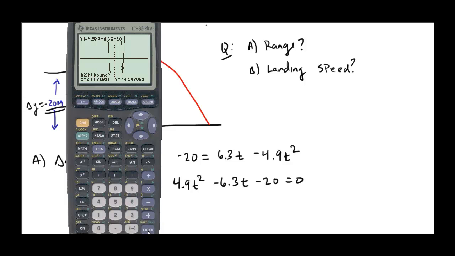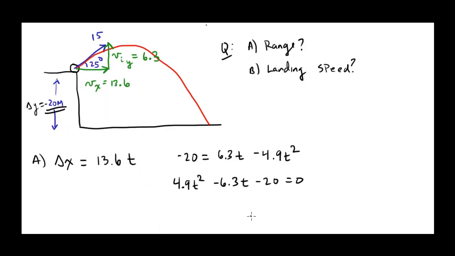I hit enter. Now it wants the right bound. I want to move just right of the 0 point. There we go. Enter. Hit enter one more time. And here it is. Here's my 0 that I want. It's 2.76 seconds. So I say t equals 2.76 seconds.